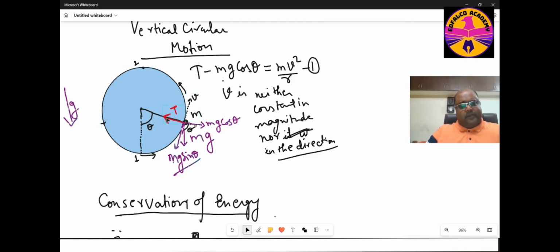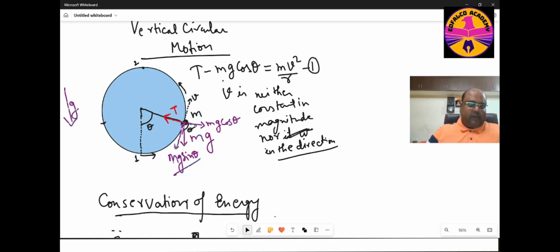The second force that is coming into play is the tension. Now, is tension a non-conservative force or a conservative force? Tension is a non-conservative force, right? It may produce a loss of energy, or it might produce a gain of energy, depending on how it is acting on the body. But here, as I explained, in the vertical circular motion case, it is always acting perpendicular to the motion of the body.